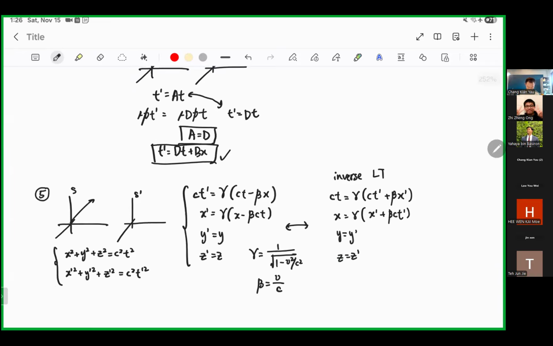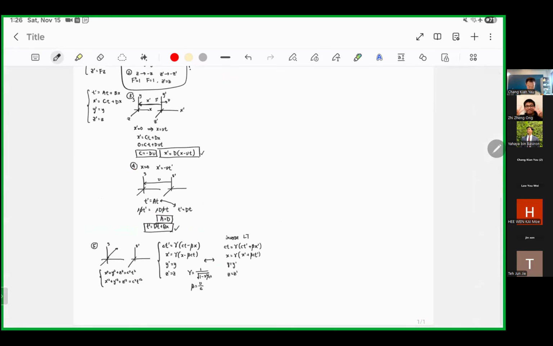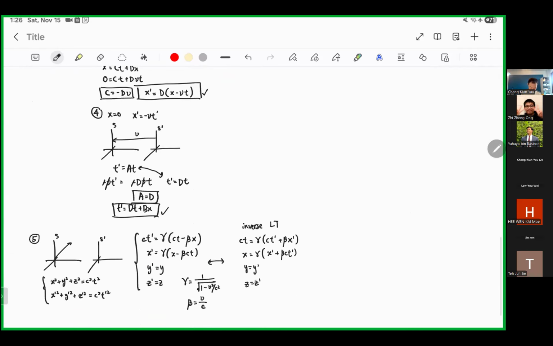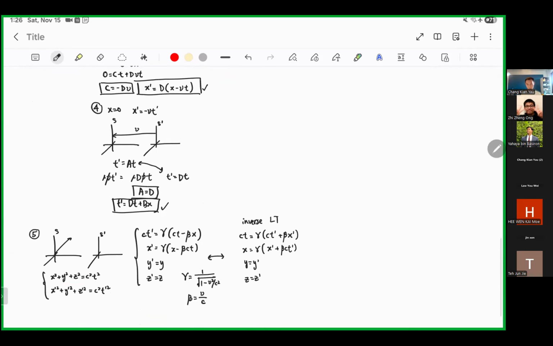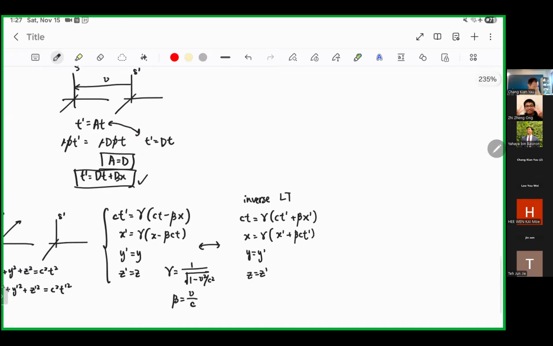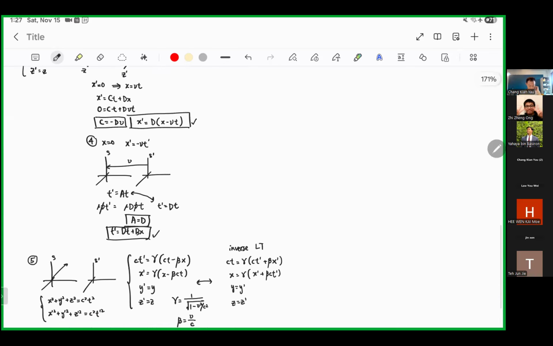So technically, after doing all of this, right? I think everyone should do this in their lifetime at least once, I guess. After doing this derivation, you get this. And if you play with the maths itself, you can get this inverse Lorentz transform. So the sign is different. Depending on which frame you're going from and to, it will be different. So be careful with this. Yeah, so that's all for the derivation of the Lorentz transformation.